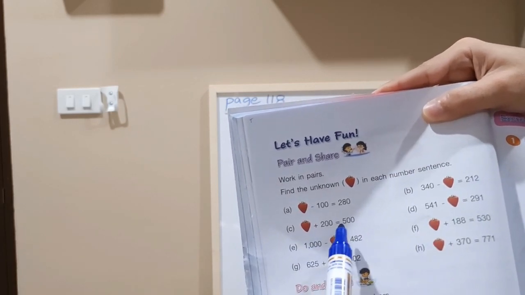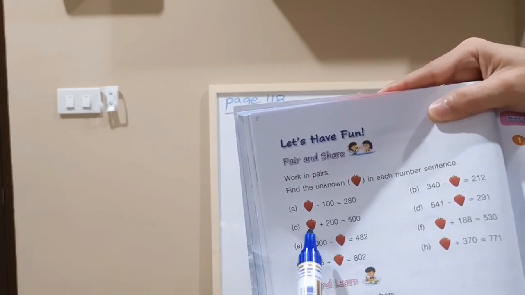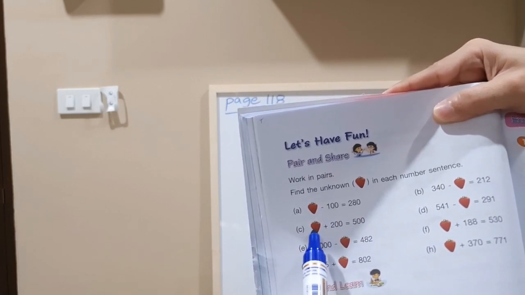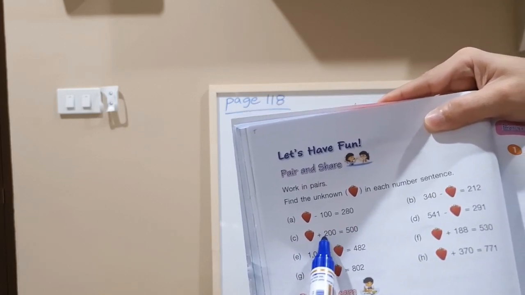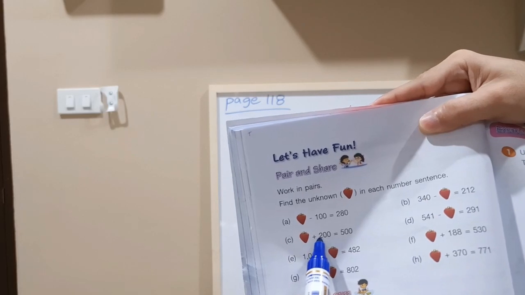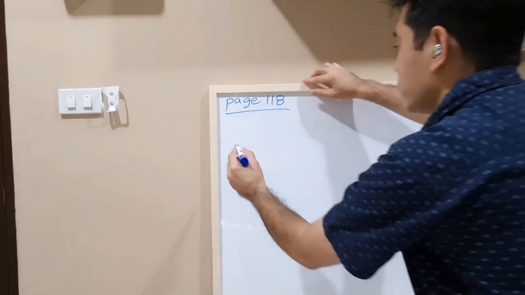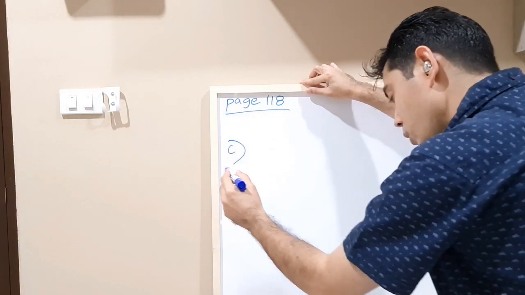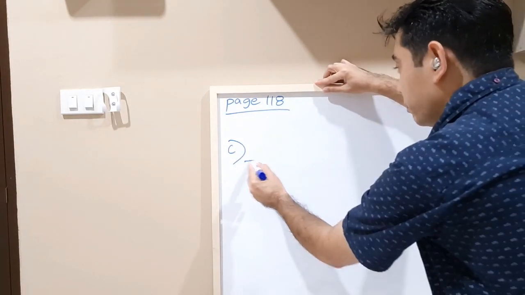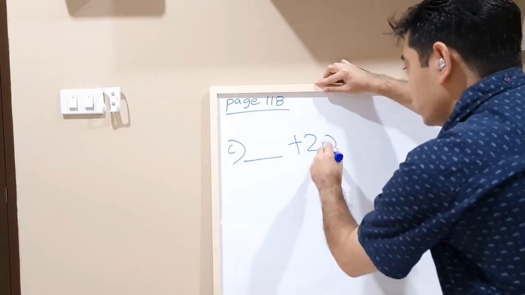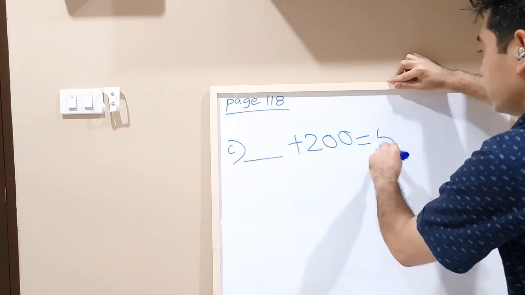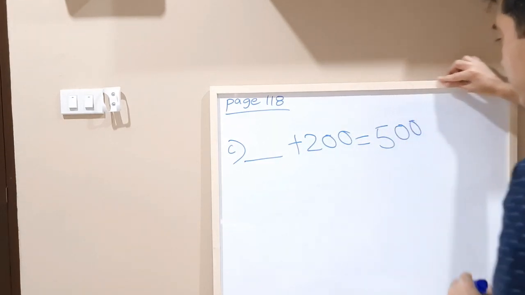What number can we do to make 5? 2 plus 3 is 5. So 200 plus 300 is 500. So for letter C, we can write blank 200 will give you 500.